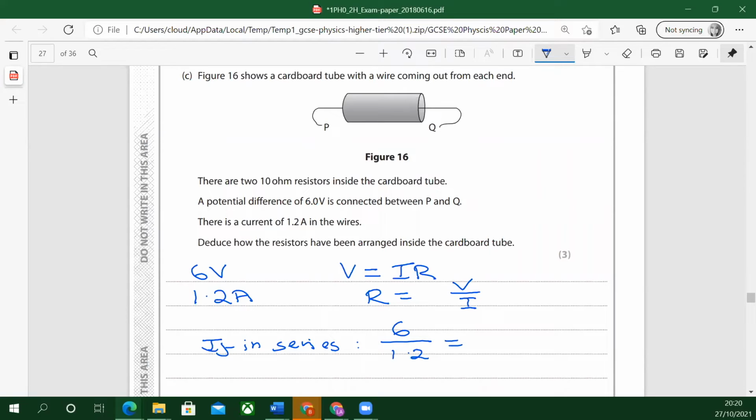So we get our calculators out and calculate this. 6 over 1.2 is 5, so 5 ohms.